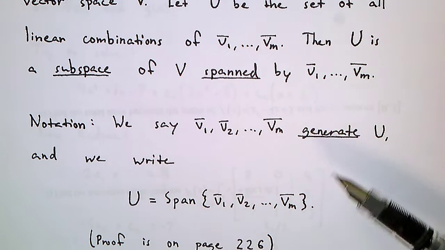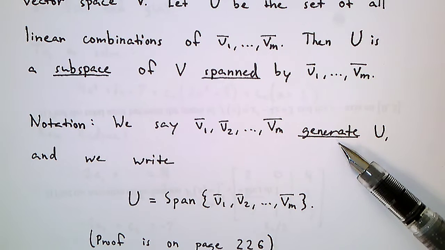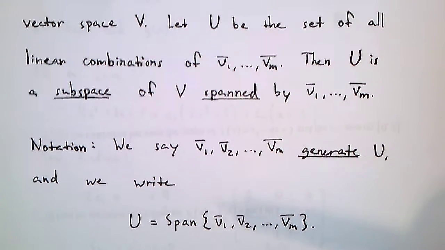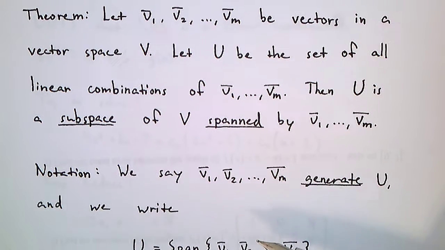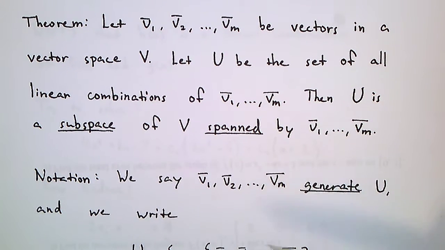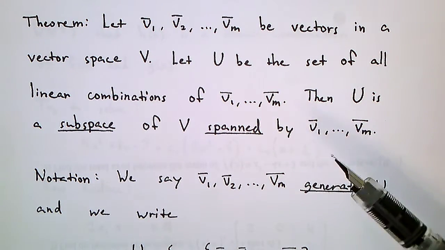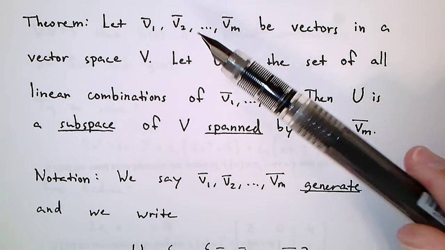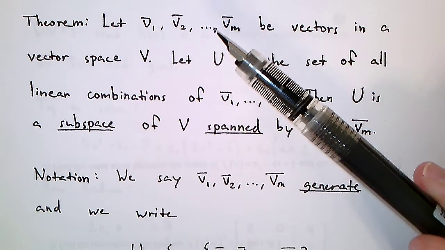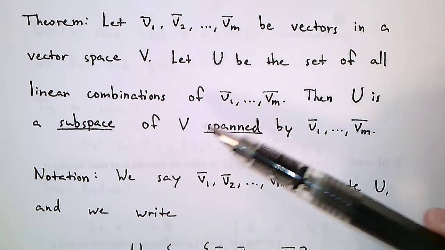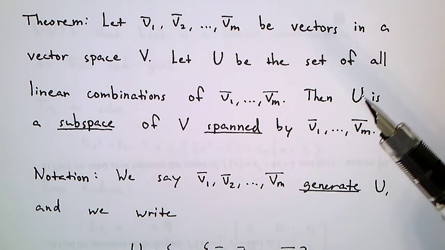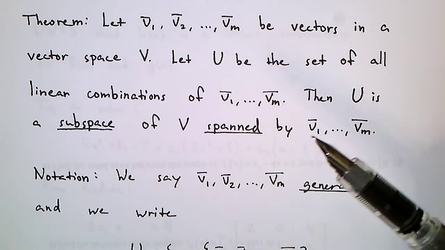The reason why we use this generate terminology is that this theorem is often used as a way to build a new vector space or a new subspace living inside of our vector space. If we have any list of vectors that we might be interested in, we have this very simple method of building a new subspace that's actually spanned by our vectors.